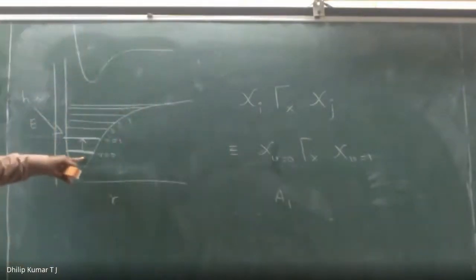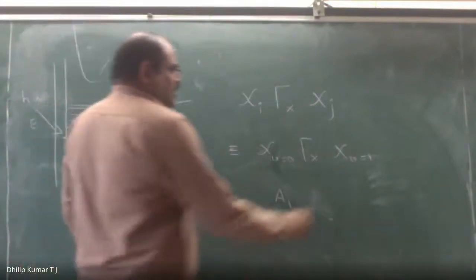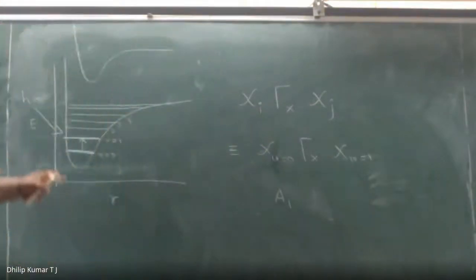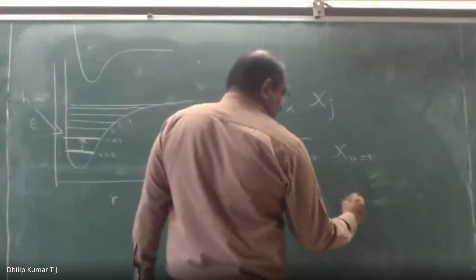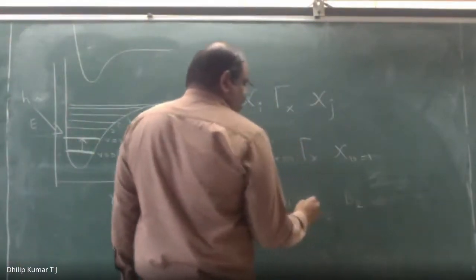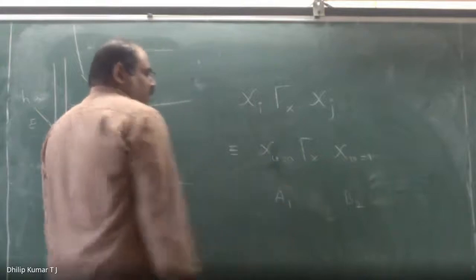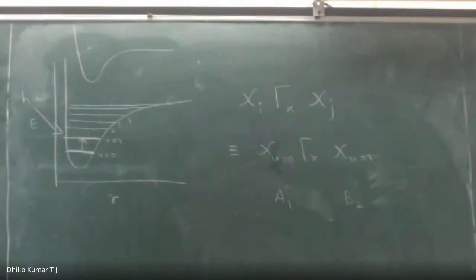And then the vibrationally excited state is v equal to 1, and say that symmetry is B2. The excitation should happen in a certain orientation, x, y or z. Only when it happens in a certain direction will the product give a totally symmetric representation. Then it will give you a peak.